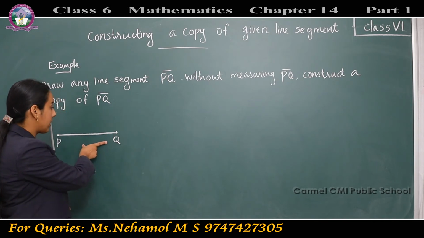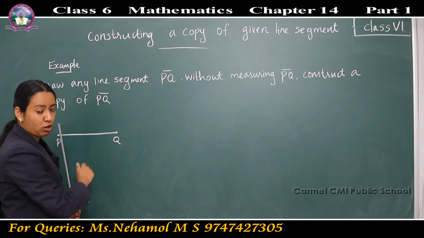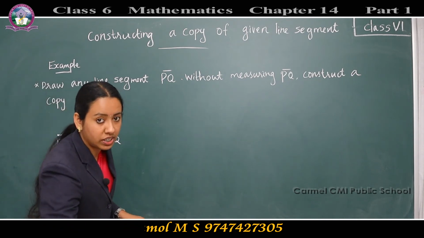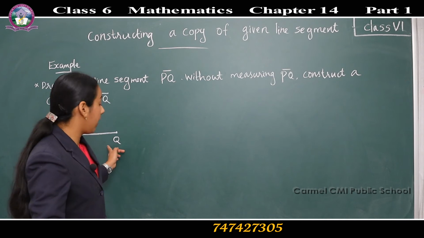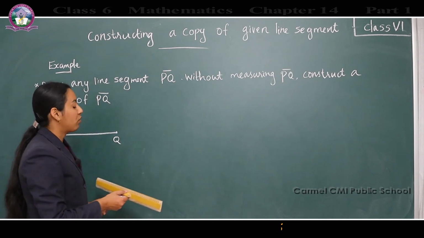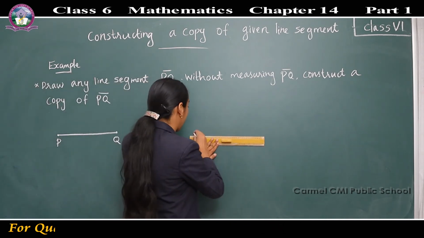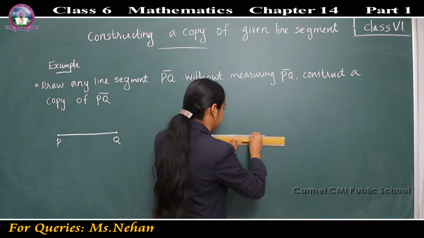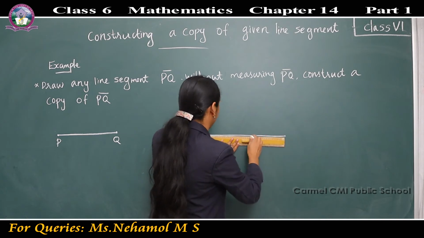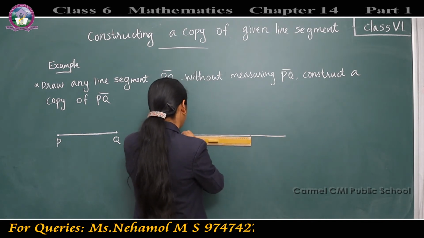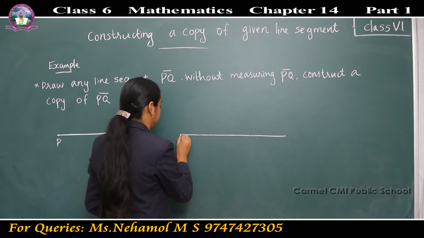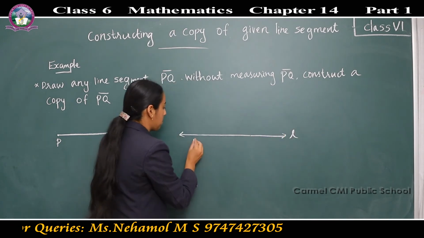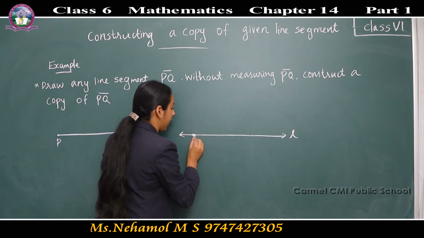Let the given line segment be PQ. First we have to draw a line segment PQ. Then without measuring it, we have to make a copy of PQ. For that, first we have to draw a line L. Then mark a point A on it.